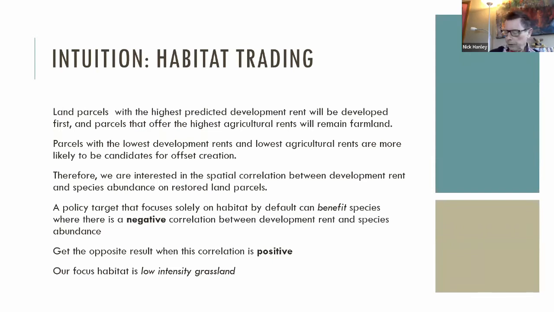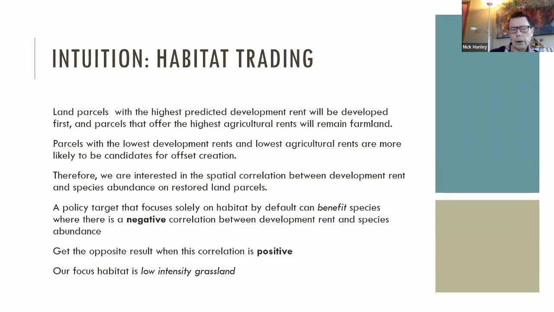So just before I go to some results, let's think about the intuition here. As I mentioned a few slides ago, what we're trying to do is compare a biodiversity offset market where the metric, the currency, is habitats, with a biodiversity offset market where the currency, the metric, is species. So if we have habitats, and our focus habitat is going to be low intensity grassland, then what would we imagine might happen?